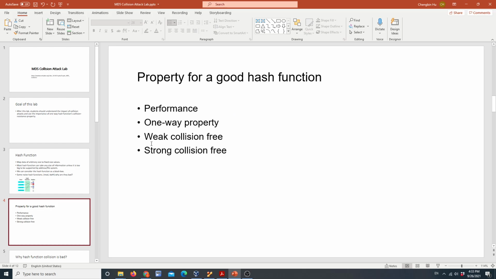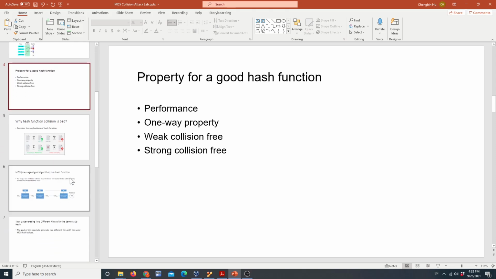And it should have weak collision-free or strong collision-free. Weak means it is difficult to find two messages that have the same hash value. Strong means it is computationally infeasible to find the same hash value for two different messages.